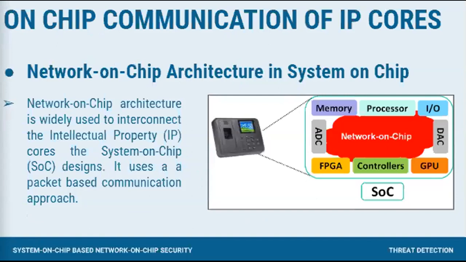Then we talked about what a network on chip is. A network on chip is widely used to interconnect these intellectual properties in a system on chip design, and it uses a packet-based communication approach.